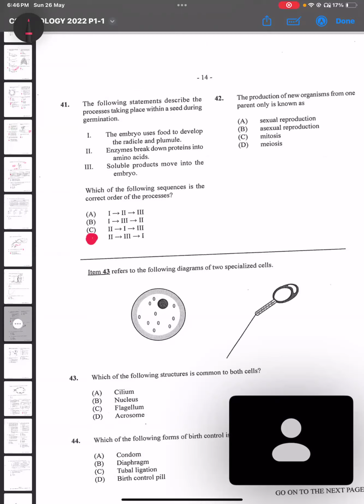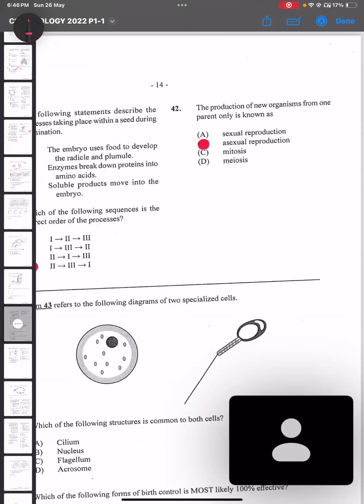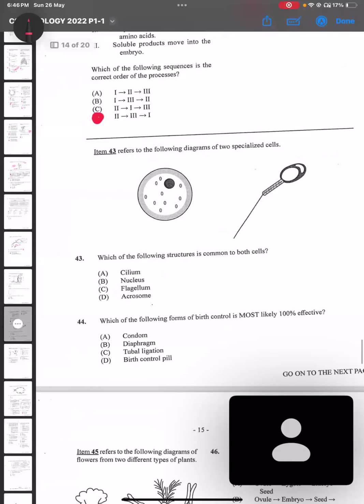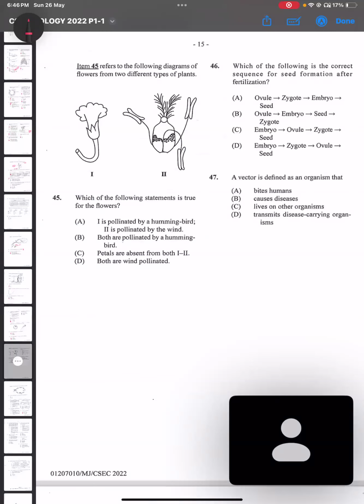We know 42. We know 43 and 44. We know 45. We know 45. We know 46. And we know 47.